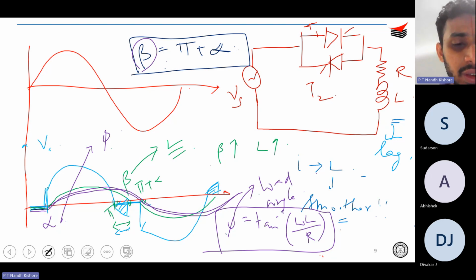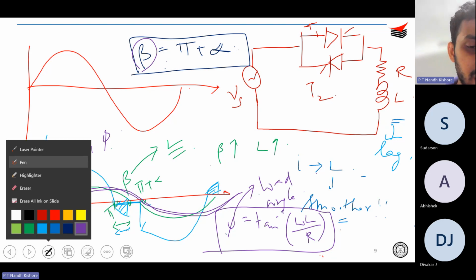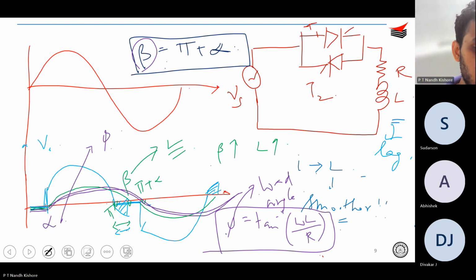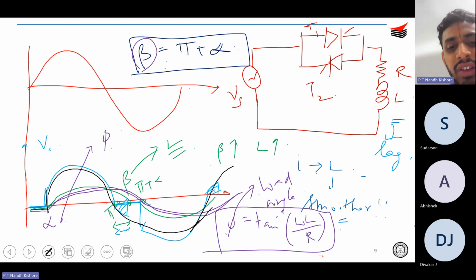Your control is lost because your current has become continuous and your voltage will be something like from here till this point, and then again it will continue and reach here and just continue.